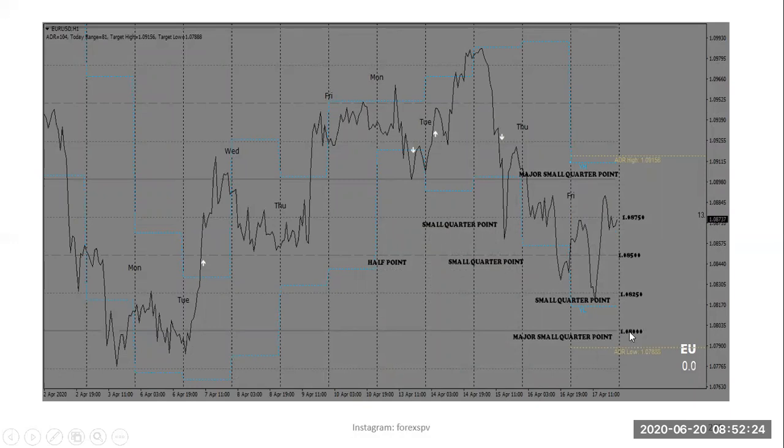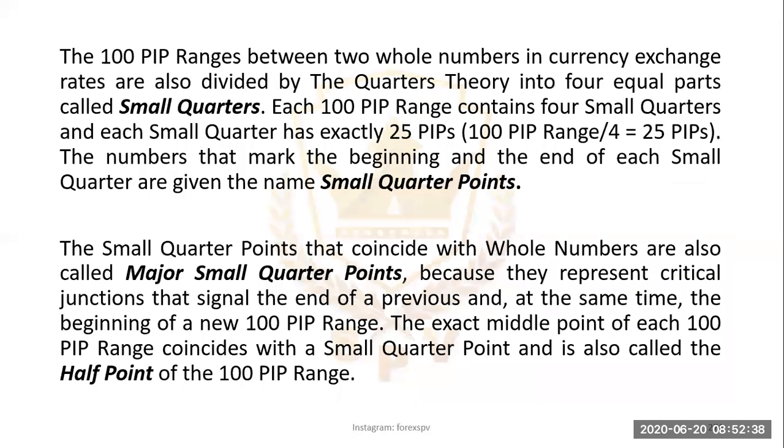This is 1.08 to 1.09, and in between we have the small quarter points, which are 25 pip ranges. The small quarter points that coincide with the whole numbers are termed major small quarter points. They represent critical junctions that signal the end of the previous and at the same time the beginning of the new 100 pip range. The exact middle point is also called the half point of the small quarter point.